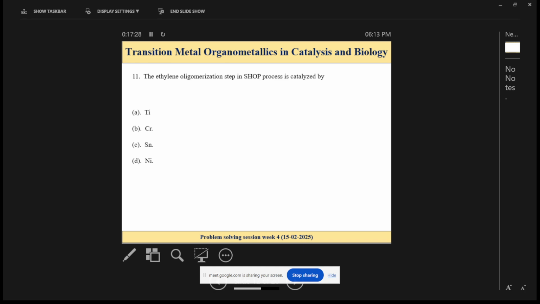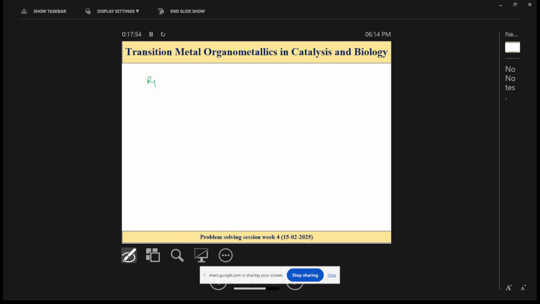Before discussing the SHOP process, I want to explain what the SHOP process is and what its importance is. Now we have seen the cross metathesis reaction.